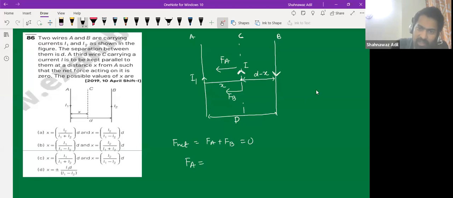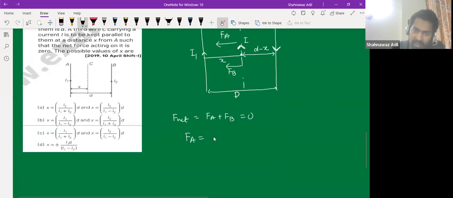That is mu naught I1 I L divided by 2 pi and this distance is x, right? And let's say some length that we are taking.